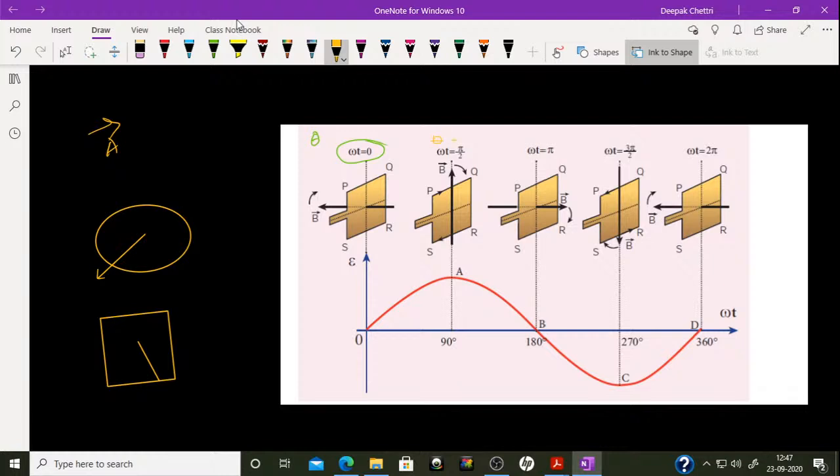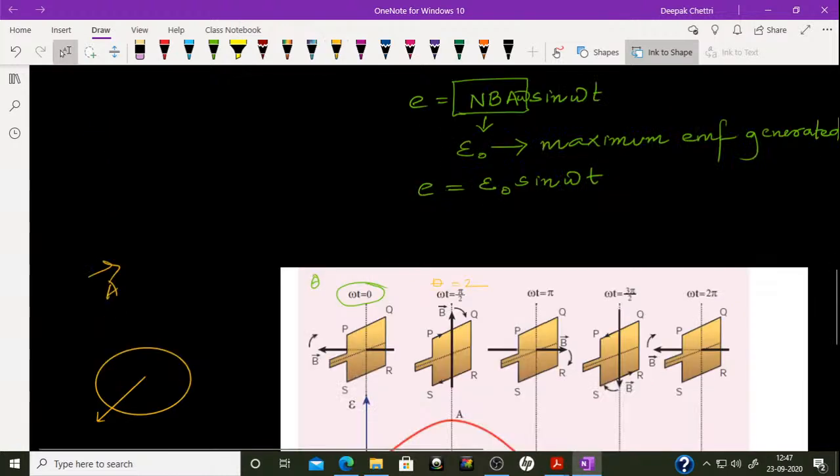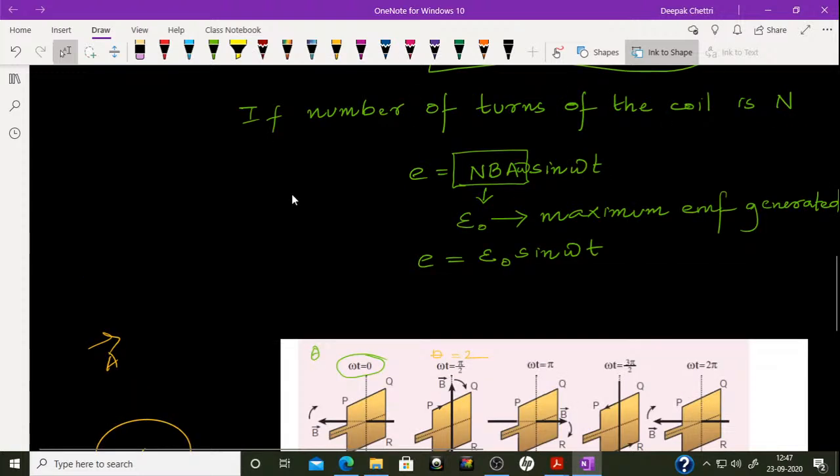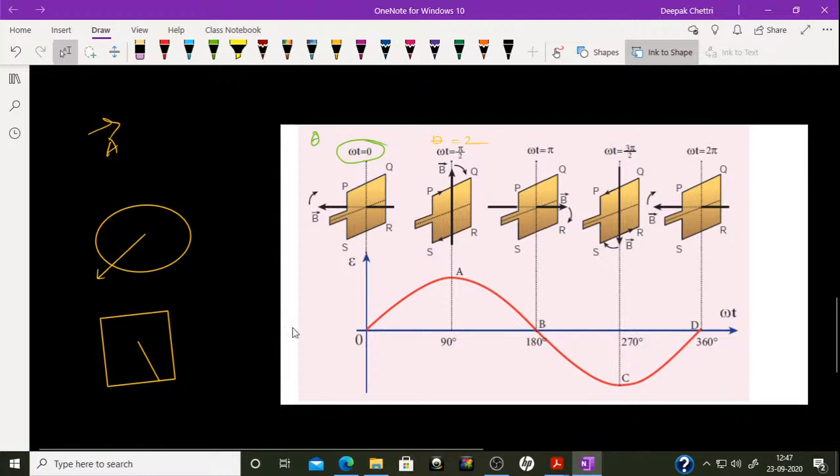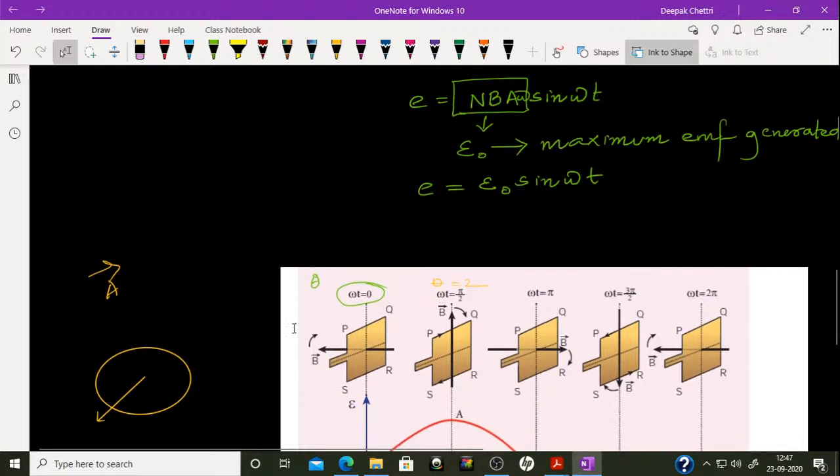If you put omega t equal to 0 in the formula, E will be 0, since sin 0 is 0. You can look in this graph, the graph between E and omega t: since omega t is 0, this capital E is 0.